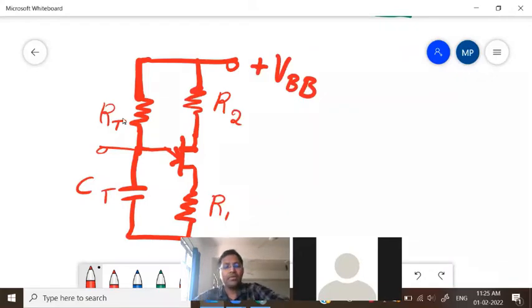Because of this charging and discharging, we have this particular waveform at CT: charging through RT, discharging through the UJT and R1, again charging through RT, discharging through the UJT and R1. This is what happens at the emitter terminal.